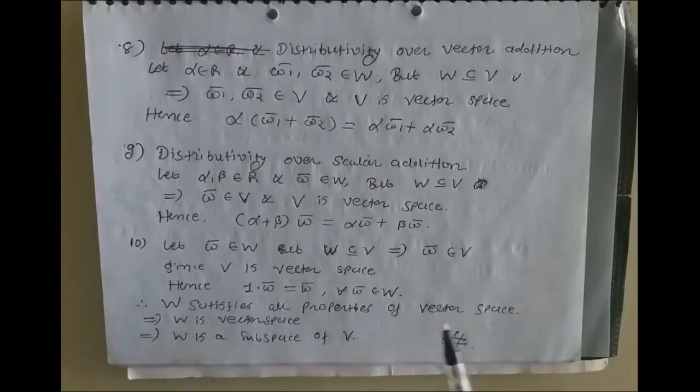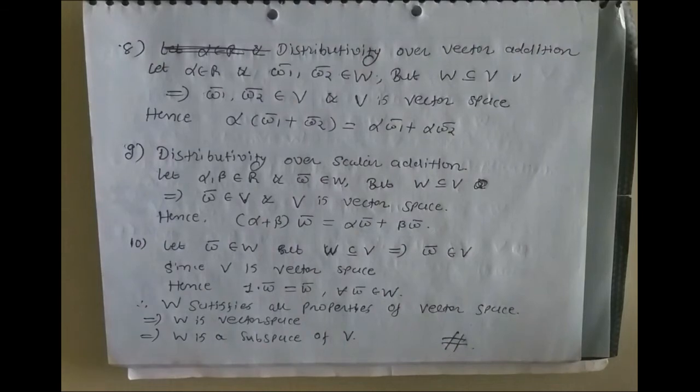That means W is a vector space under the same operations as those of V, these are the vector addition and scalar multiplication. So W is a subspace of V. This gives the proof of our theorem.